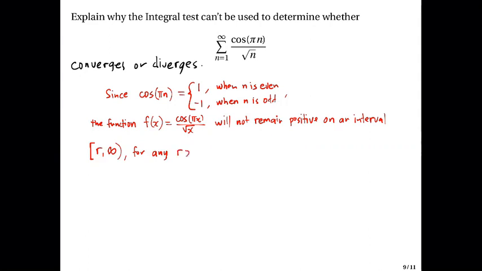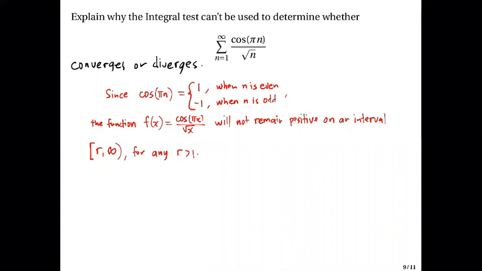For any r greater than 1. Which means even if you cut the interval for your integral test, you will not get a positive function. So from 1 to plus infinity, you can do 10 to plus infinity, or 100 to plus infinity, or 1 million to plus infinity.